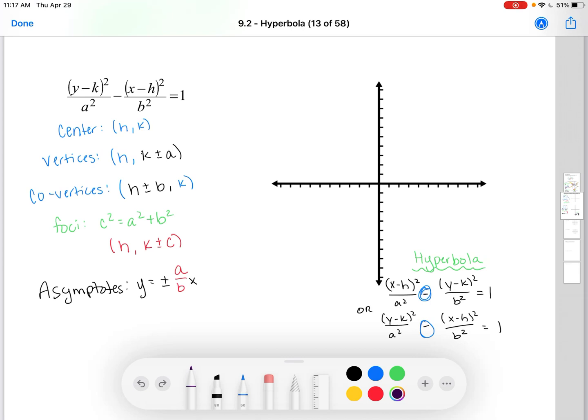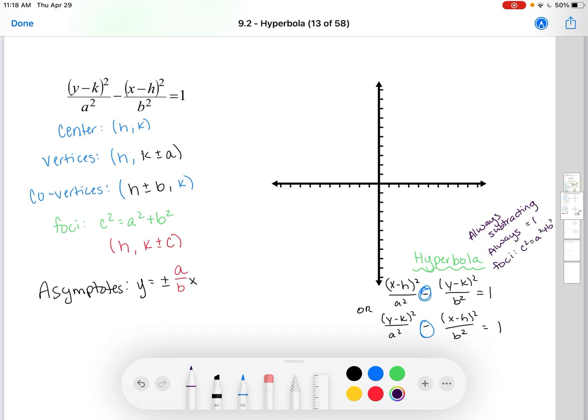All right. So looking at those functions, things to talk about, we will always use subtraction, so always subtracting. Always equal to 1, which is something we saw last time on ellipses. Our foci formula is new this time.